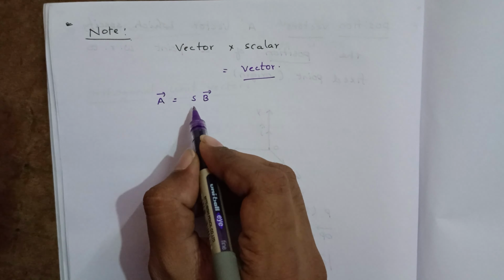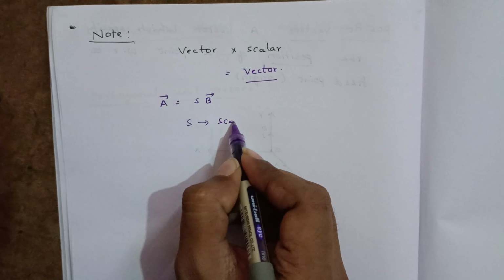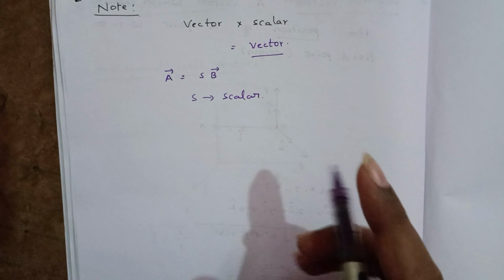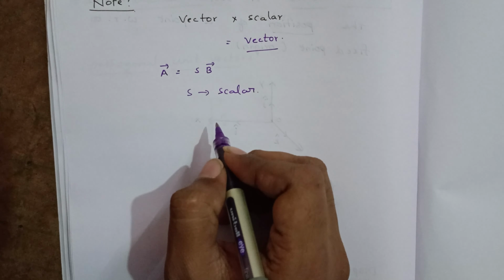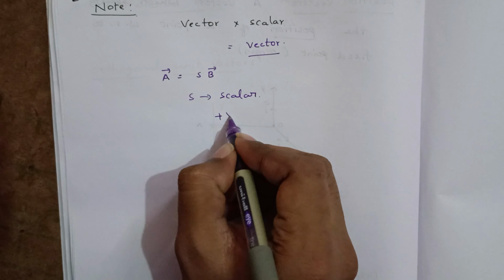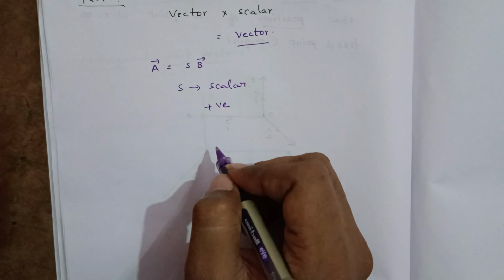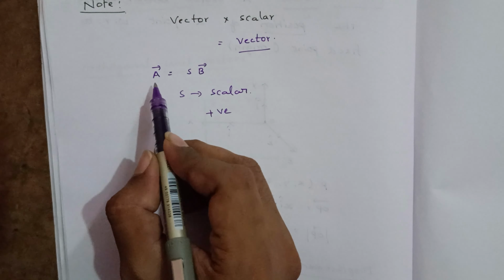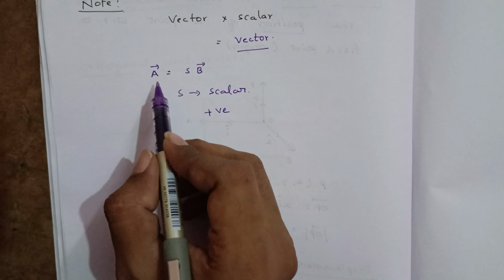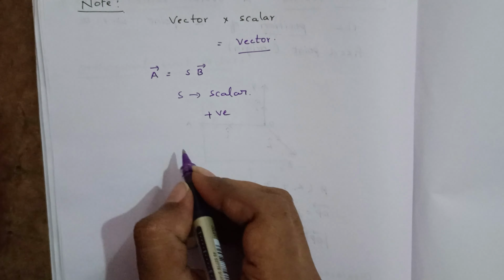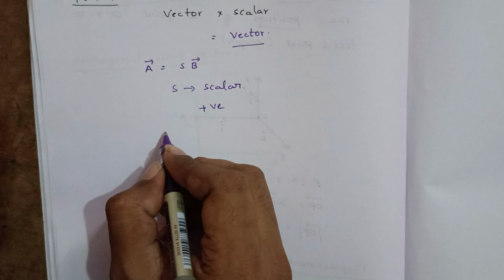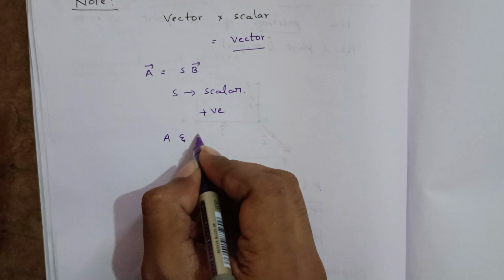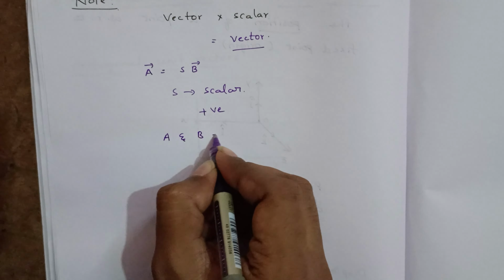Now if s is a positive scalar, then a bar has the same direction as b bar.